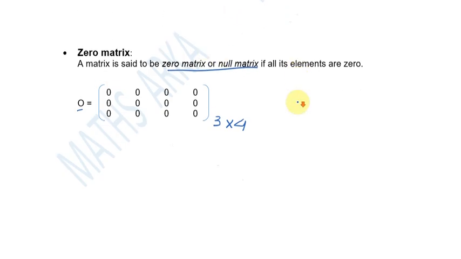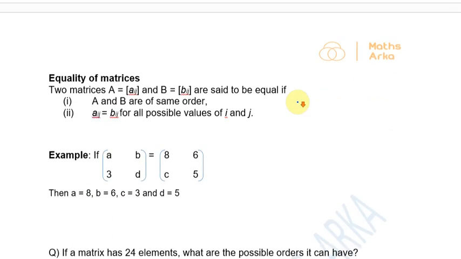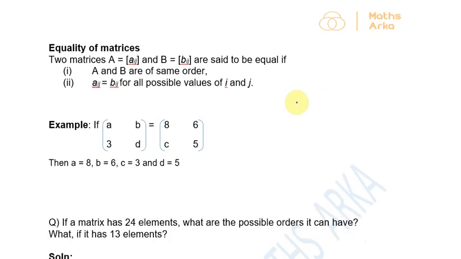Now these should all be pretty clear to all of you. Moving forward, we come to equality of matrices. Equality of matrices is about when we say that two matrices are equal. There are two matrices A and B which are given.